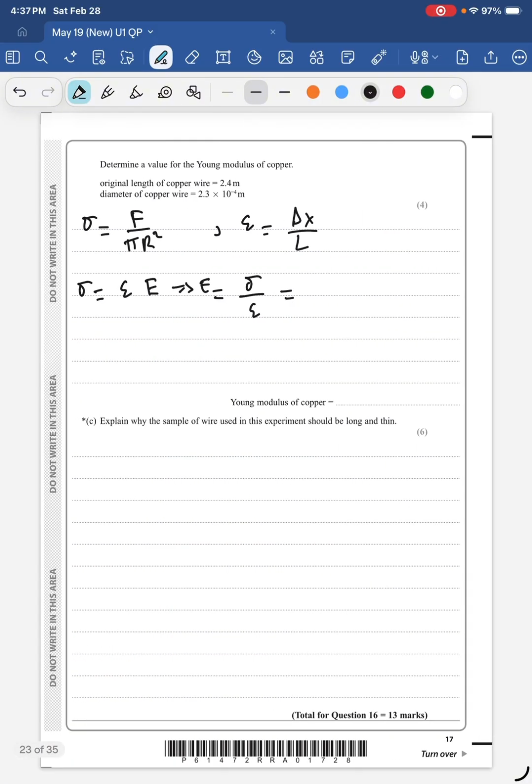Part C, explain why the sample wire used in the experiment should be long and thin.